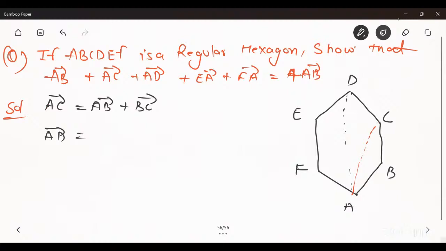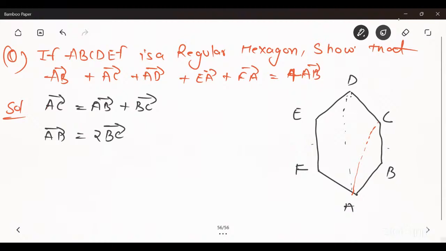And in a hexagon, we know that the middle side is two times of these sides. So AD is equal to two times of BC vector.